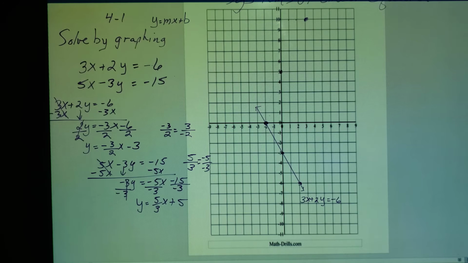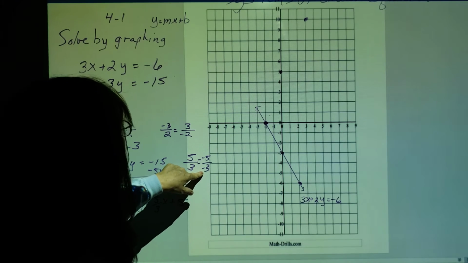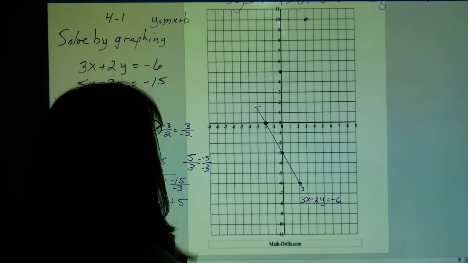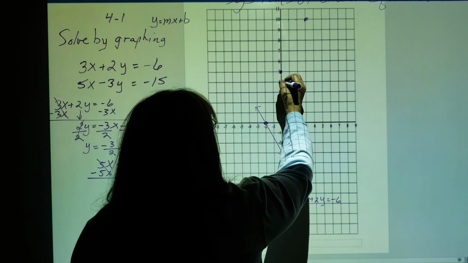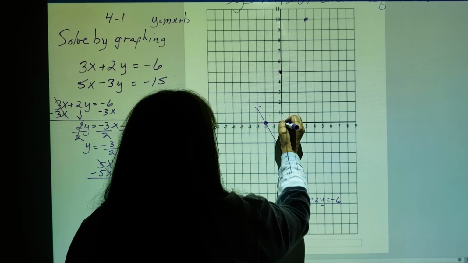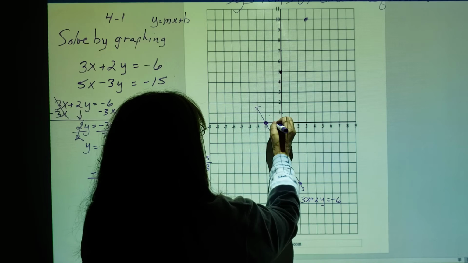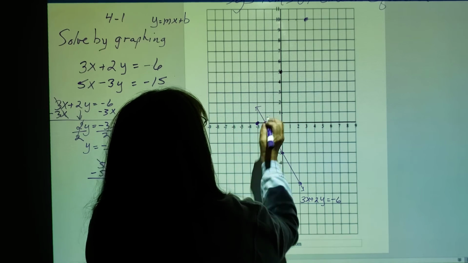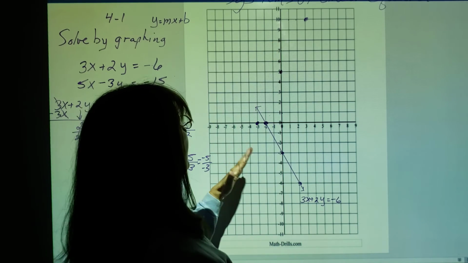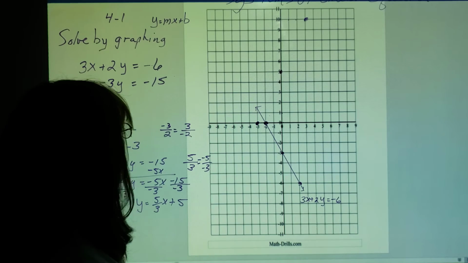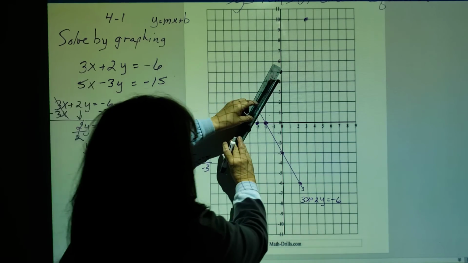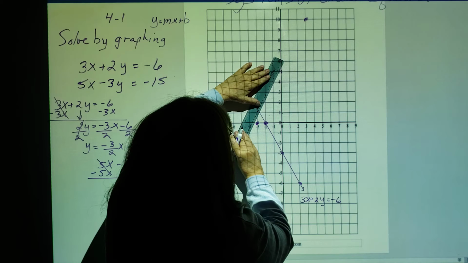So let's try this. A negative times a negative is a positive. So if I go down 5, 1, 2, 3, 4, 5, and to the left 3, 1, 2, 3, I still get a point on the same line. So here we go. Go ahead and take out your ruler.